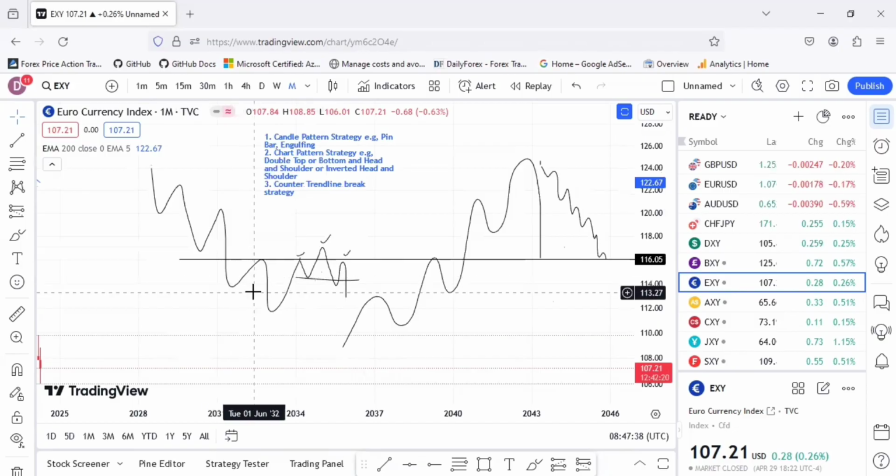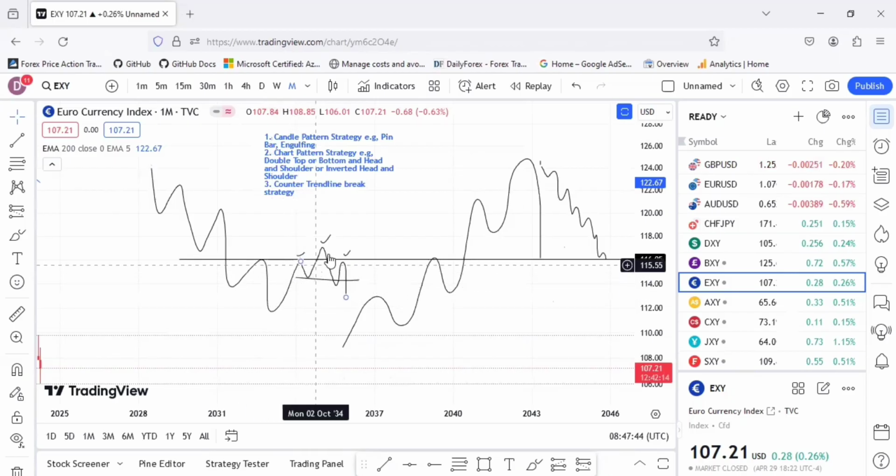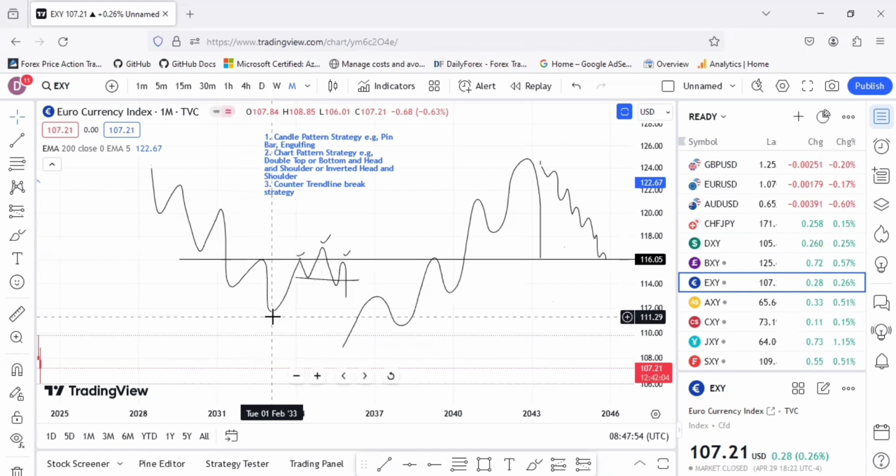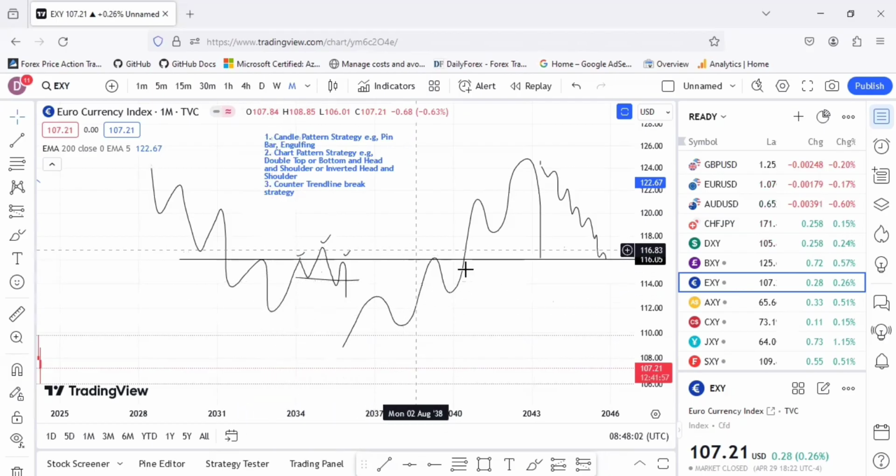But in a complete trend reversal, look out for it here. So if you see it here, you can begin to buy from here. If you don't see it here, then you know the trend is still continuing, because if you have the break of structure here, that means the trend still continues. But if you see a chart pattern here, then you know there might be a reversal that you can buy.